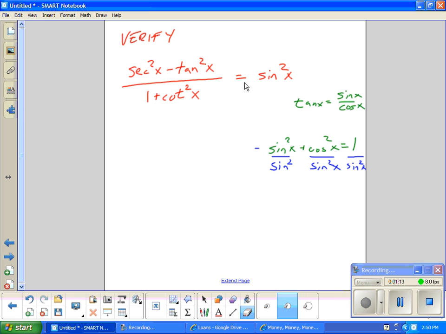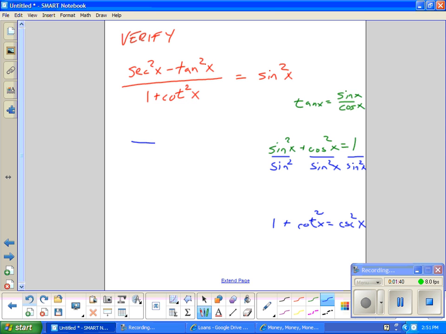And if I do that, I get 1 plus cotangent squared x equals 1 over sine squared, which is cosecant squared x. So I know that I can replace this term right here with cosecant squared.